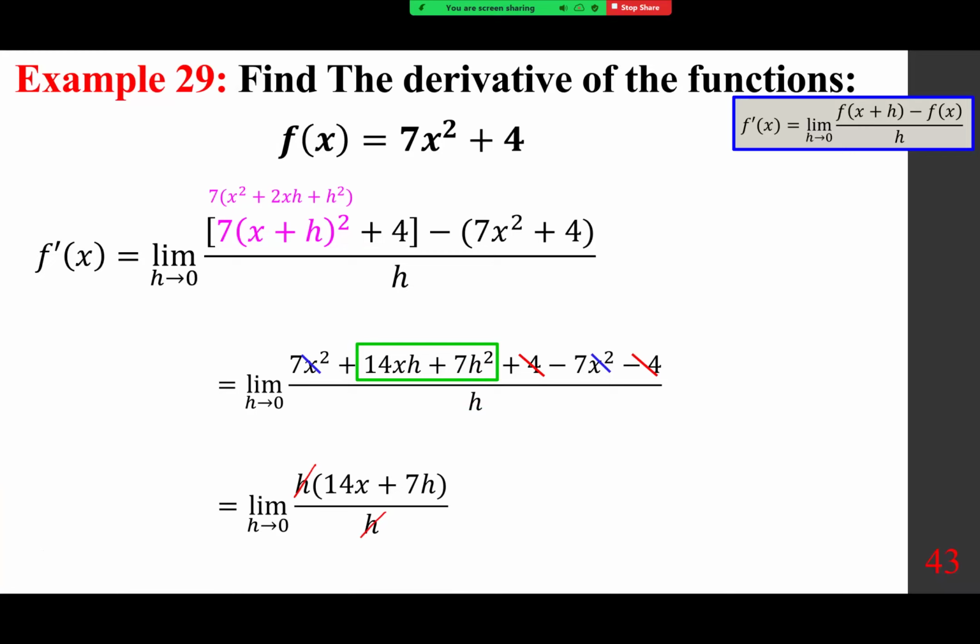We cancel out the h from the top and the bottom. And when you apply h equals 0, because you're taking a limit and h approaches 0, you get 14x, and you're done.